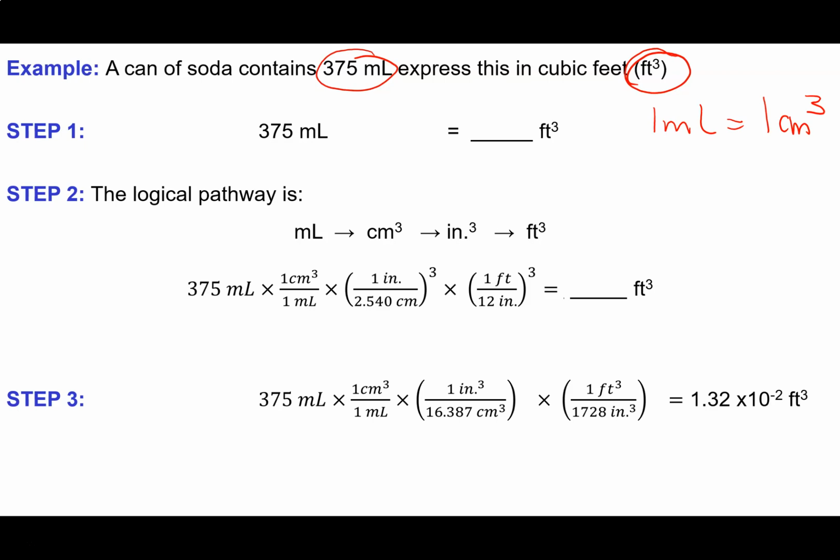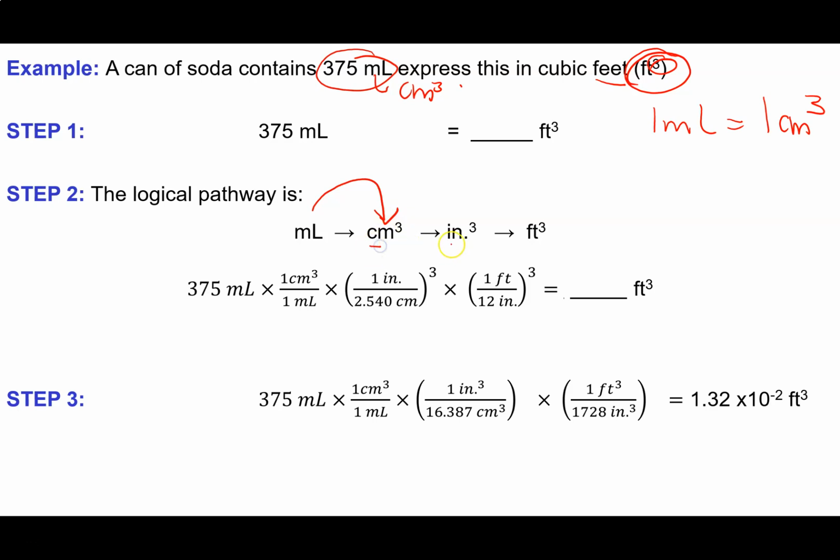So keep that in mind, that we could just as easily write this as centimeters cubed. We're going to turn this into cubic feet. The fact that that's got a cube there makes me really cautious that I'm going to have to cube some conversion factors. So in my mind, the logical pathway is to go from milliliters to centimeters cubed. They're just going to be equal, right?